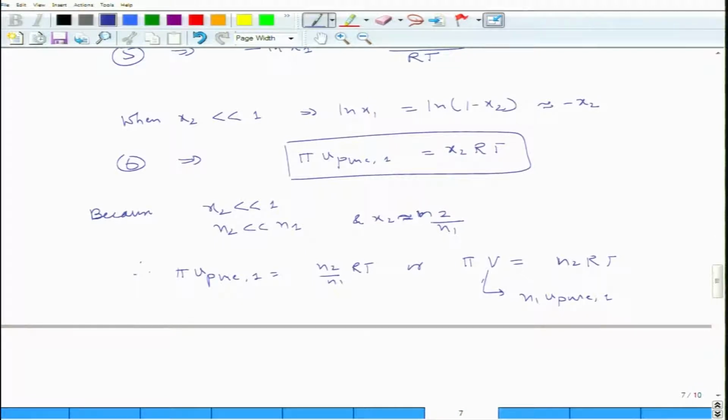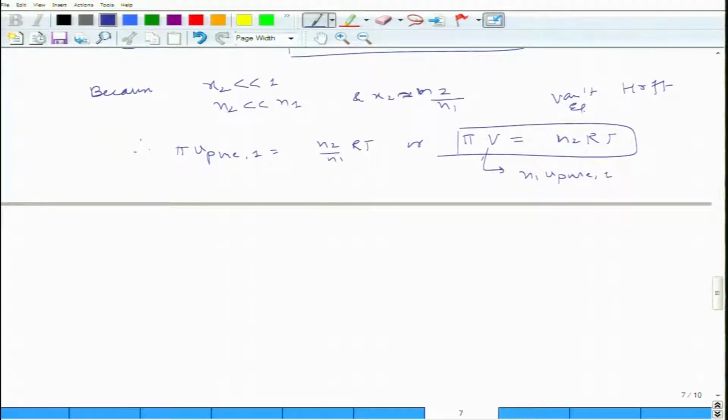Okay. And this expression, pi v is equal to n2 RT, is a very famous expression called the van 't Hoff equation, where it connects the osmotic pressure pi to the volume and to the other thermodynamic variables. Okay. Now, if you look at this expression very carefully, this is analogous to the ideal gas equation of state.